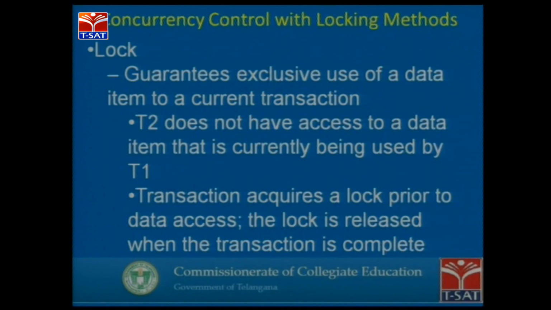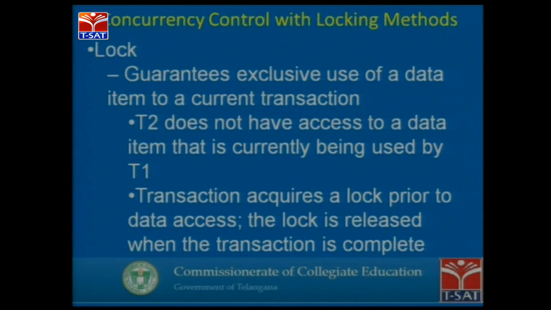Then this concurrency control needs to be managed in a proper way, as I told you. This can be done by using different methods called locking methods. Concurrency control needs to be handled in a proper fashion by using locking methods.